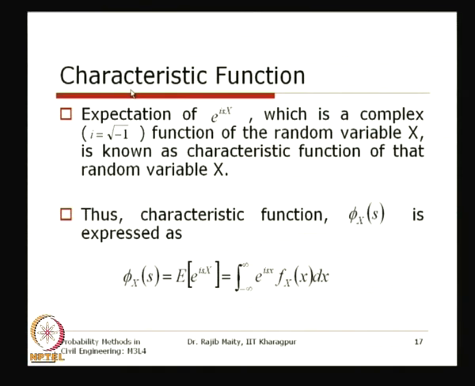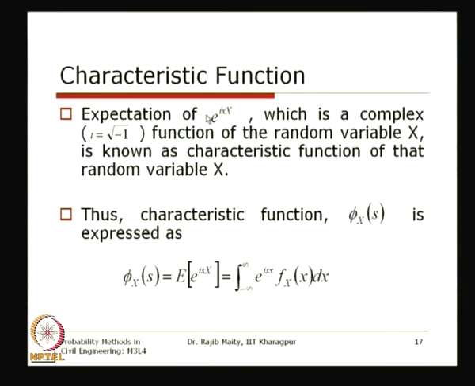Now, there is another one called the characteristic function. It is the expectation of e power i s x, where instead of s x we have a complex variable, with i equal to the square root of minus 1.